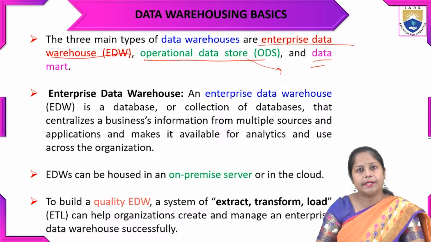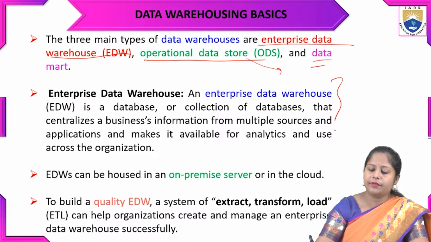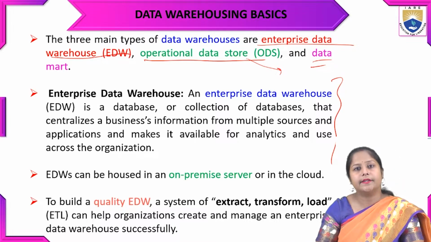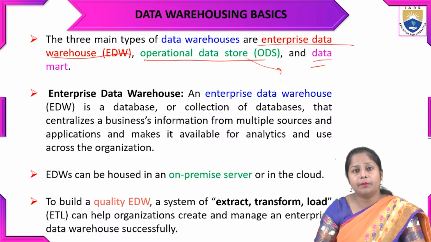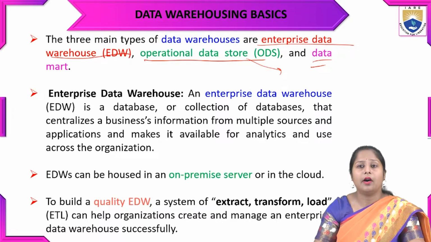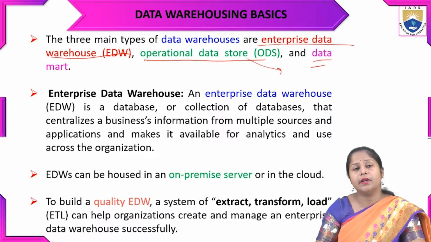An enterprise data warehouse, EDW, is a collection of databases that organizes business information from multiple sources and applications, and makes it available for analytics and for structuring purposes, for use across the organization. An EDW can be housed on an on-premise server or on the cloud. These are the two forms to store an enterprise data warehouse.